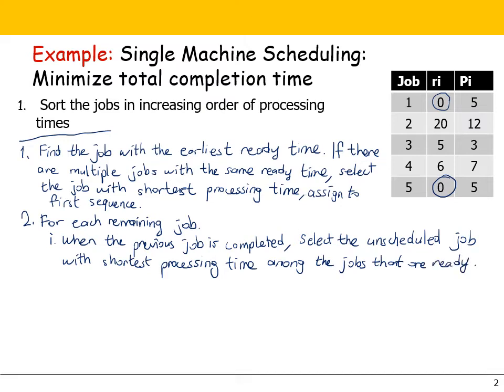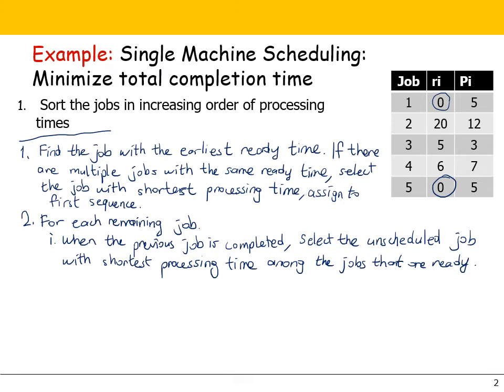Okay, so we will start with the first job. We will find the first job, and then when it's completed, at that time we will look at which jobs are ready, and we will select the next job as the job with the shortest processing time and which is ready at that time.